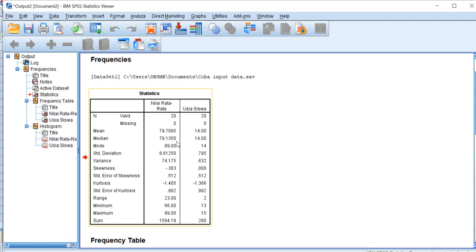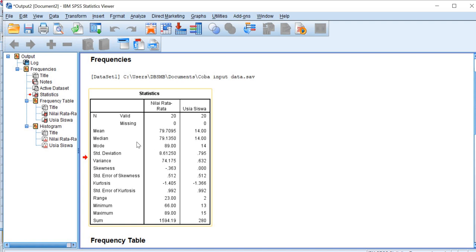We can use the median instead to really represent the central score of our data. Here the difference is not that far. For the age, it shows exactly the same score for the mean and median, so it means that our data is not really extreme.